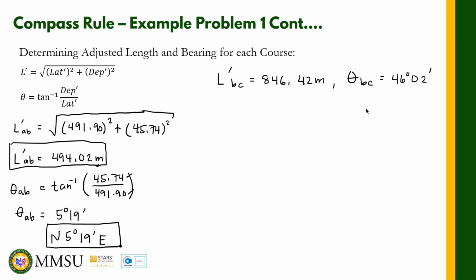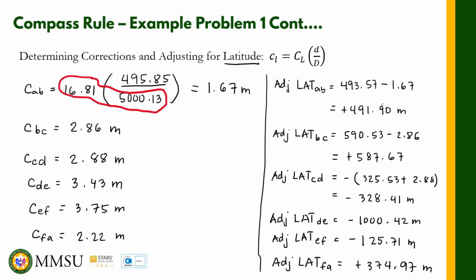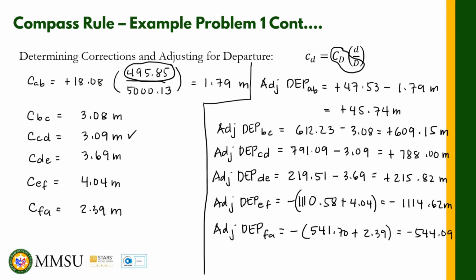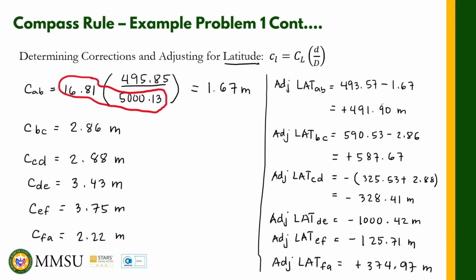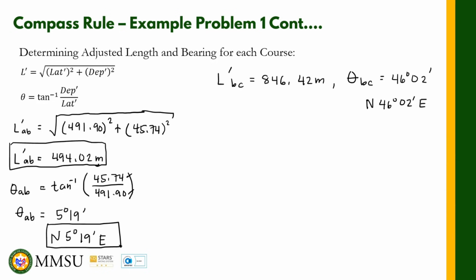So, remember yung latitude tsaka departure niyan, positive. So the bearing is north 46 degrees 02 minutes east. Okay? I hope you are getting yung mga sinusulat ko dito, it's just a direct substitution na from the computed latitude natin and departure.